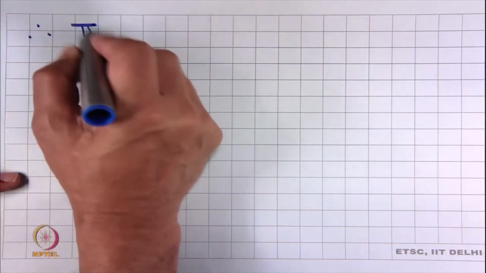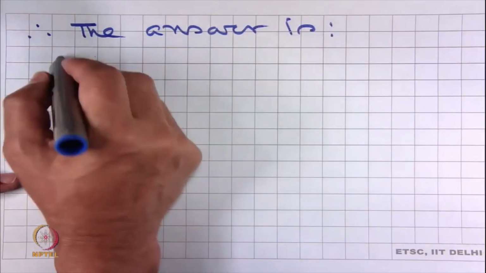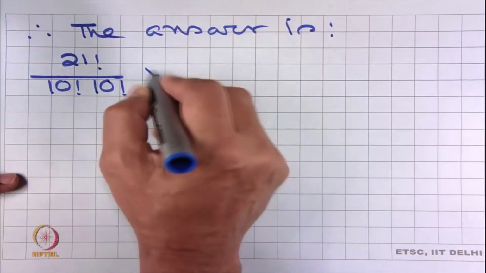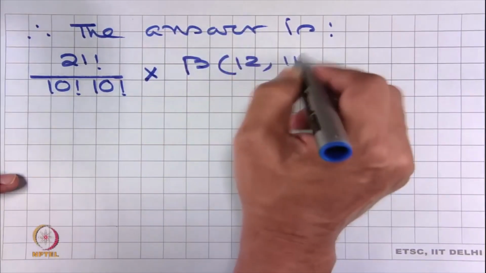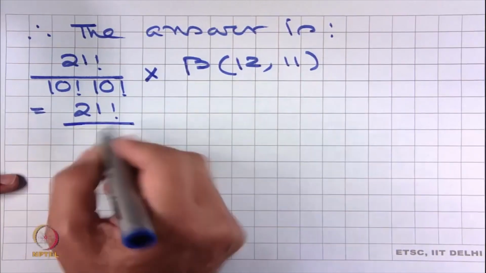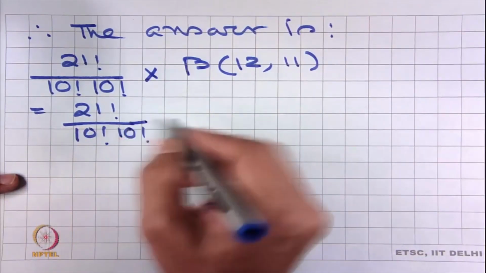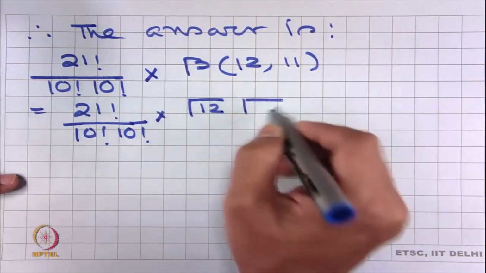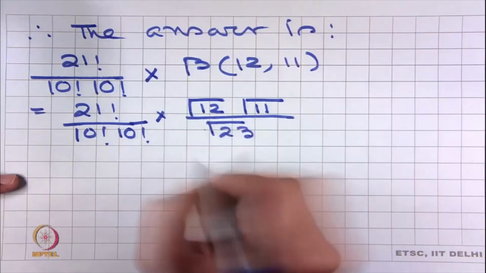Therefore, the answer is 21 factorial upon 10 factorial, 10 factorial into beta 12 comma 11, which is equal to 21 factorial upon 10 factorial, 10 factorial into gamma 12 gamma 11 upon gamma 23.